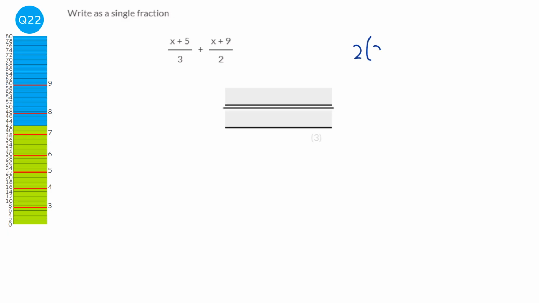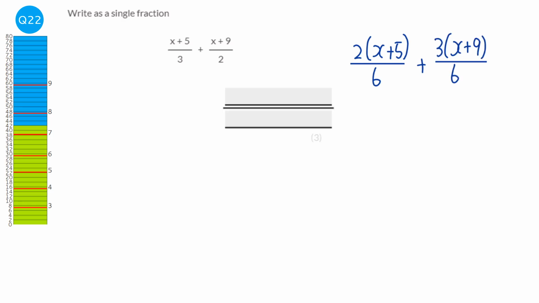So we'll end up with 2 brackets x plus 5. And we're going to do the same to the bottom, times it by 2, which is 6, which is good, because we want them both to be 6. Times the top and bottom of the second fraction by 3. So we've got 3 brackets x plus 9. And the bottom will be 6.